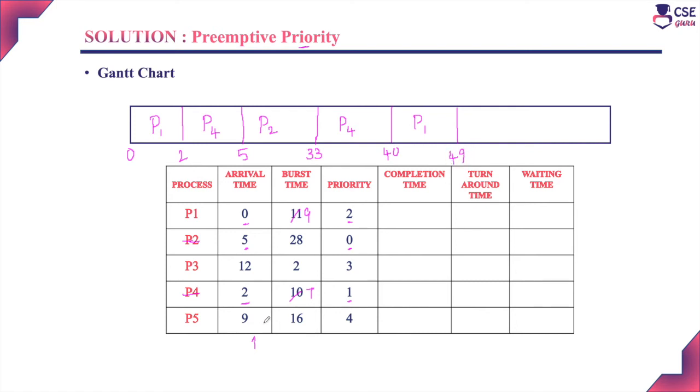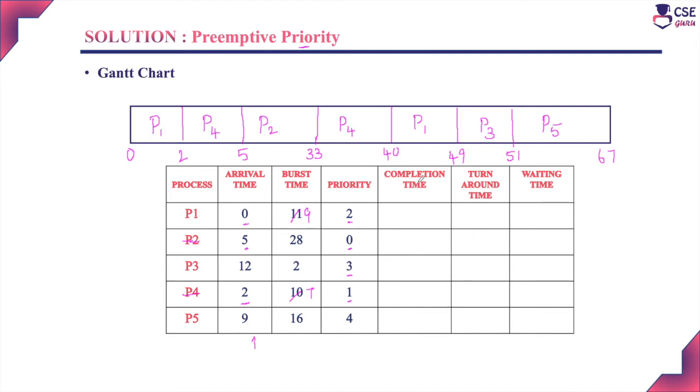Next, process P3 has the next highest priority with burst time 2 milliseconds. It is 51. And the last process is P5 with priority 4 and CPU burst time 16 milliseconds. So in total it is 67. Now all the processes have completed their execution.